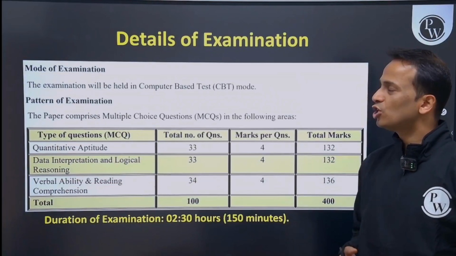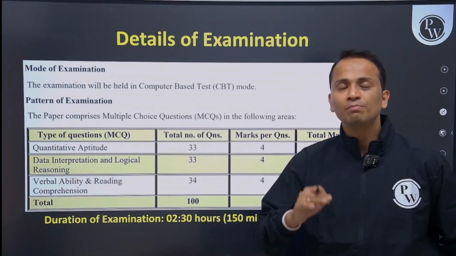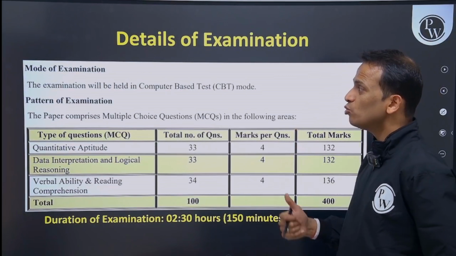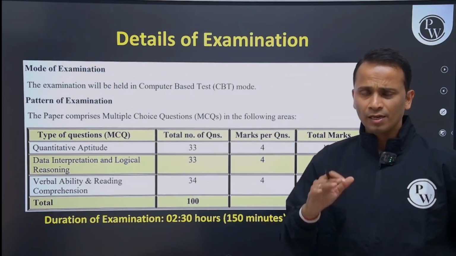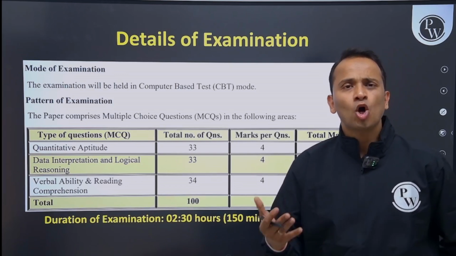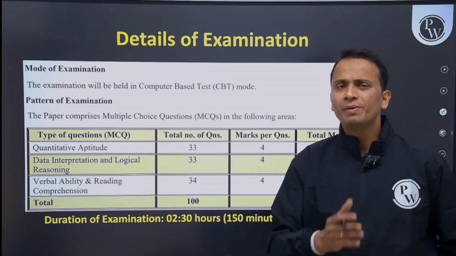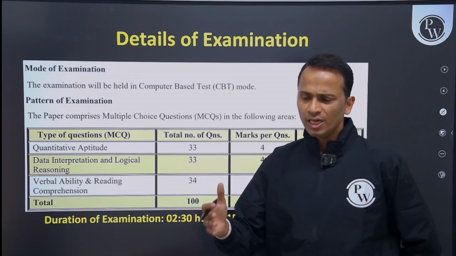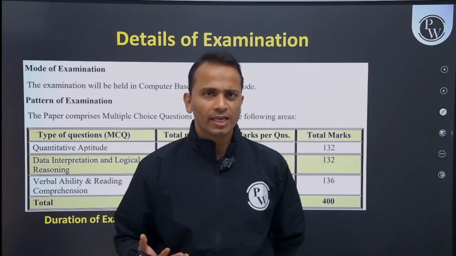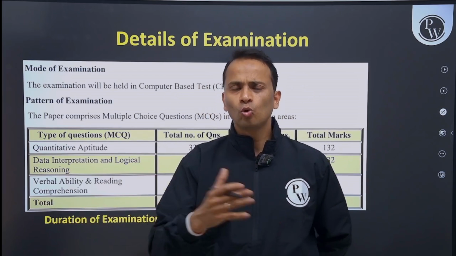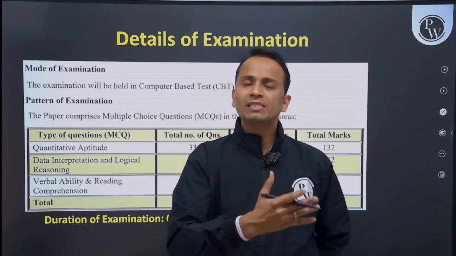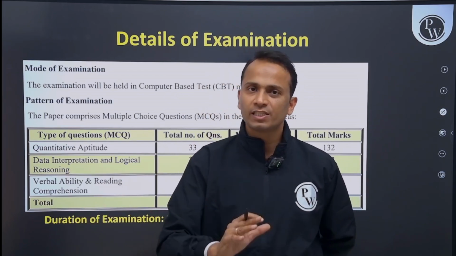Now moving ahead, talking about some of the very important details related to the mode of the examination and the pattern of the examination. Now first of all, this is going to be an online test and the test will be computer based test. Now computer based test होता क्या है? So computer based test and computer adaptive test, ये दो टाइप के टेस्ट होते हैं. Computer based test पे क्या होता है, जो भी टेस्ट है वो फिक्स्ड है, right?